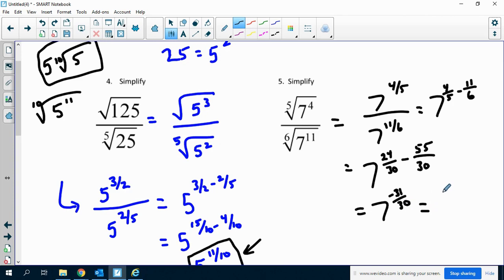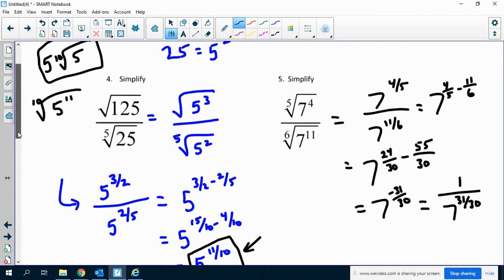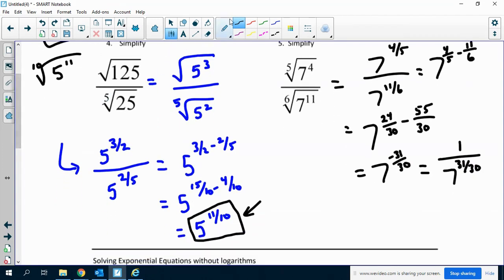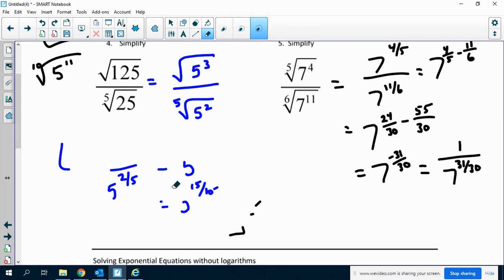So if I were rewriting this in exponential form, I have a negative exponent, which means I rewrite it in the denominator. And then there are a couple different things that we have to talk about here. If this is in radical form, and I'm going to erase some of this over on this side just so I can do a little bit of teaching.